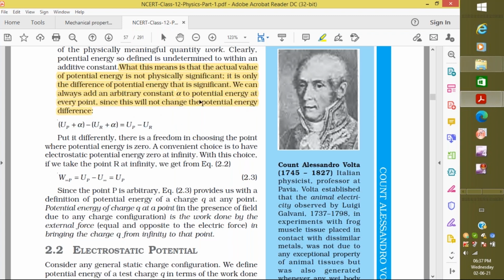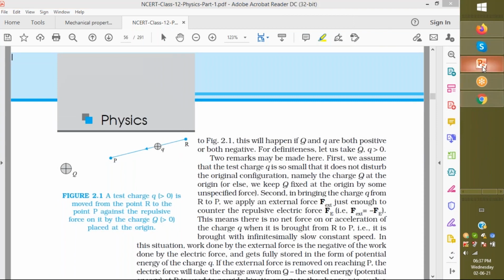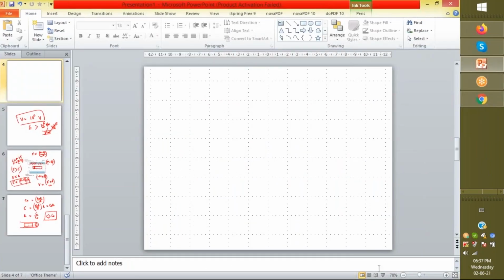So if the potential energy difference is the relevant quantity, then at each point I can add a certain positive or negative constant. Whatever constant you add, you have to add it to both points. I am trying to make you understand what this means.